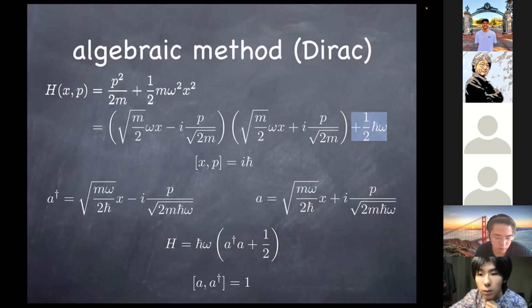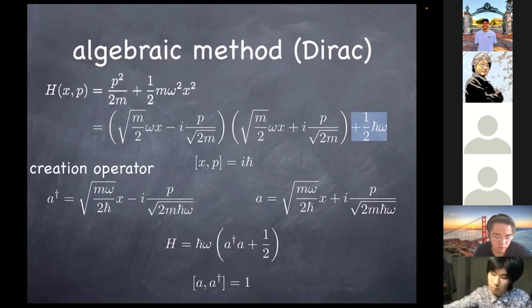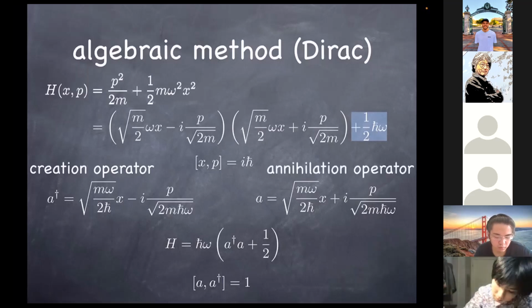Okay, looks like everybody is familiar with this. And then we give these names: A dagger is called the creation operator, and A is called the annihilation operator. Of course, in the case of the harmonic oscillator, you're not creating anything, you're not annihilating anything, they are just names. But as you know, acting with A dagger on a state raises the energy, taking you from one state to another state with a higher energy.